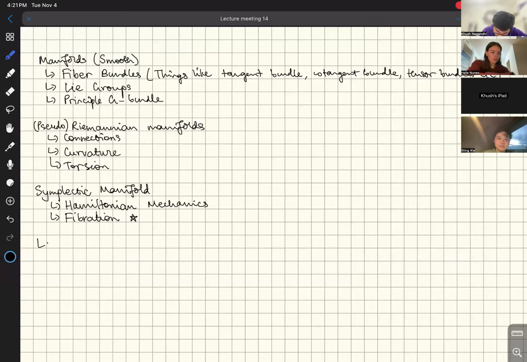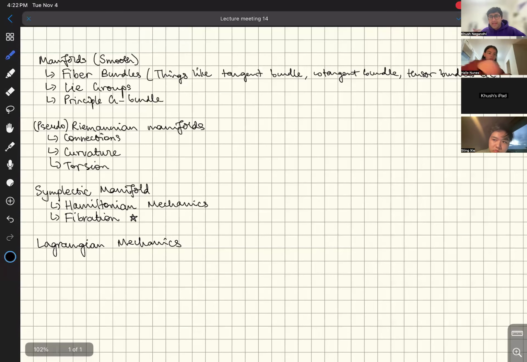So then we'll talk about Lagrangian mechanics at the end. Okay, so this is the main structure that I'm hopefully trying to get through by the end of next semester. And if need be, we can, of course, continue into the summer.